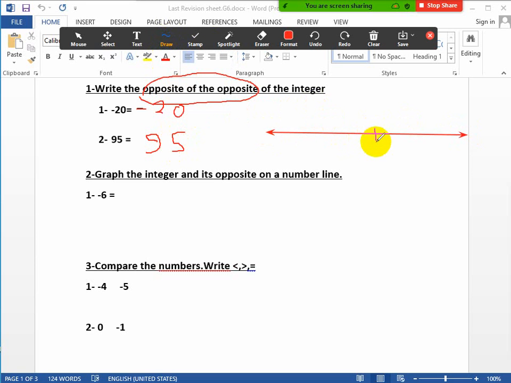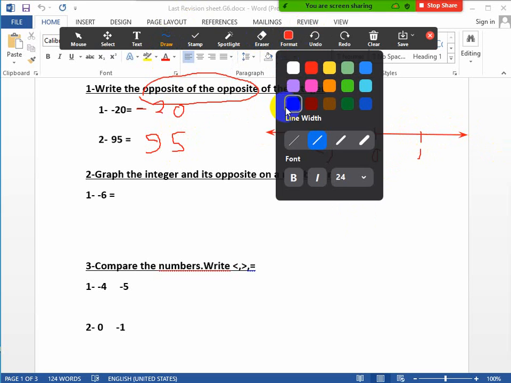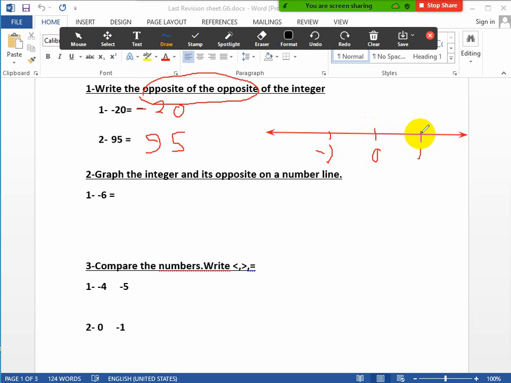If I have this 0 point and I have 1 and here I have negative 1. Okay, if I am standing on the point for the number 1, and I want the opposite of 1, the opposite of 1 is negative 1. The opposite of the opposite, that means the opposite of negative 1 is 1.